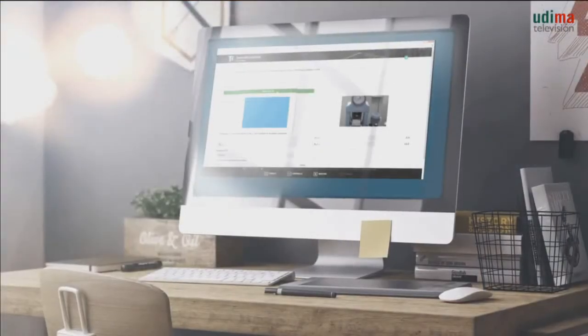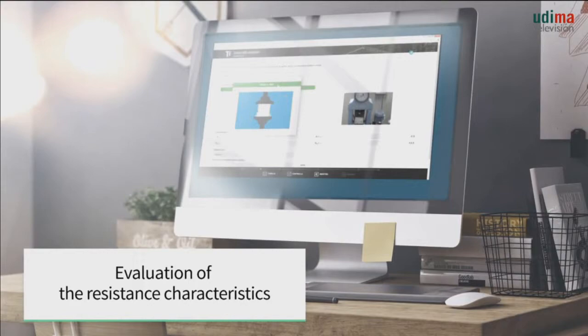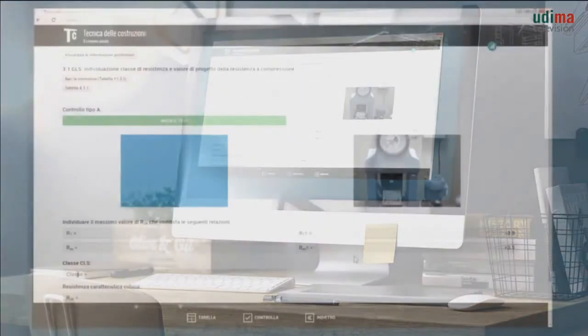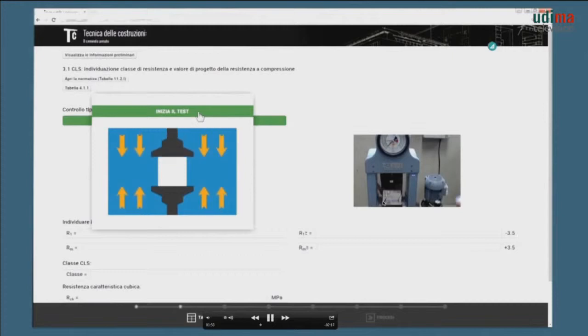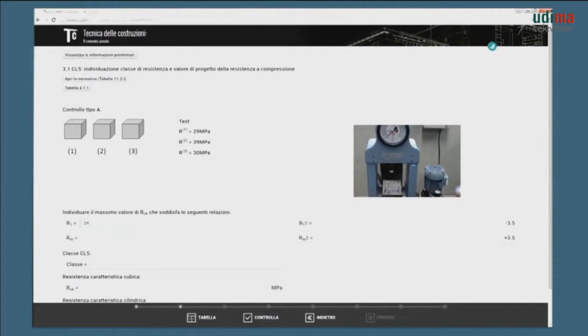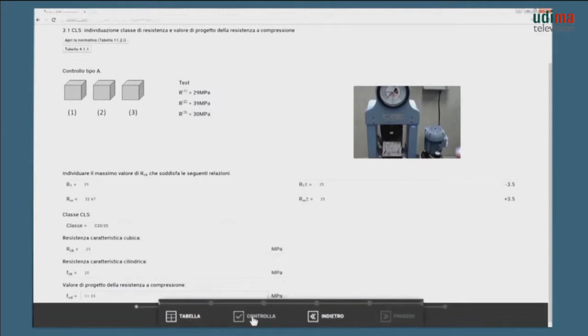Students will then find themselves dealing with the evaluation of the resistance characteristics of the materials used. They will go on to determine the resistance class of concrete through crushing simulation tests on the 3 cubic samples according to Type A control. They will then do a class check for steel to understand whether it can be classified as B450C.